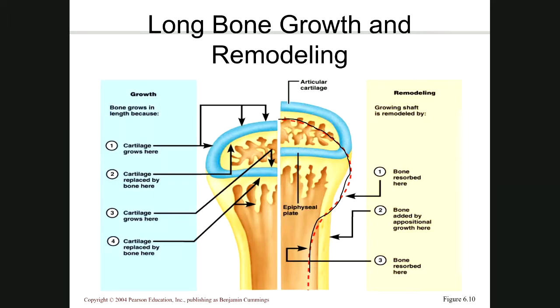So look what had to happen. We had to go from this right here to this. So we had to add bone. But look, we had to go from this to this. We had to remove bone. So all along here, look what's happening. We're adding bone where stress is occurring, and we're removing bone where there's no stress.